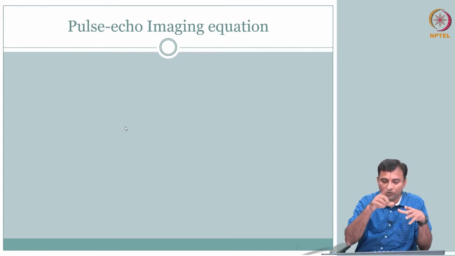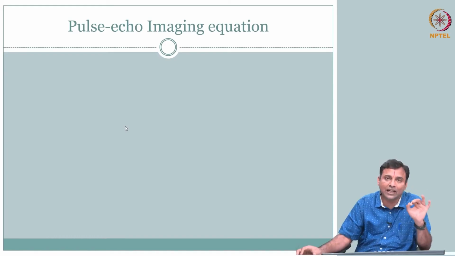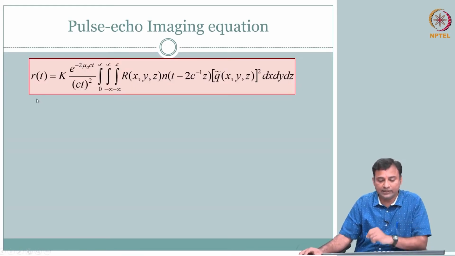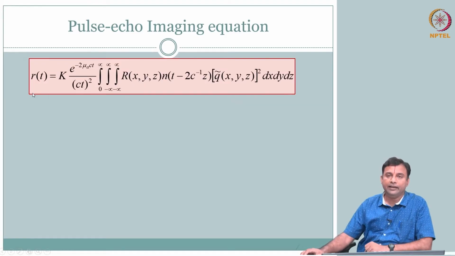So we need to do that. So we know that pulse. So we got a triple integral in x, y, z. We wrote an equation. We will start with that. Okay. So this is exactly what we had derived.